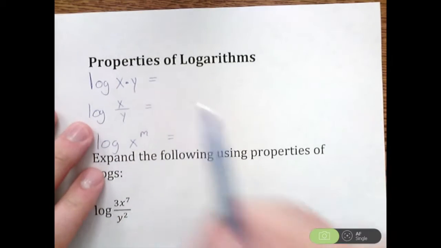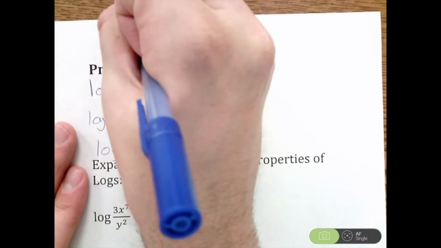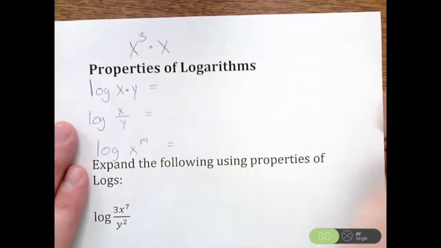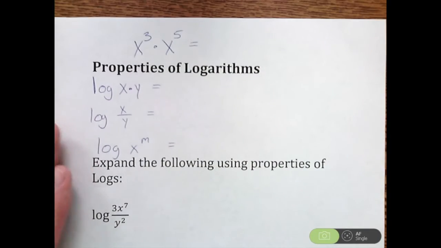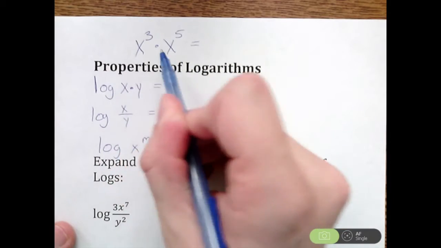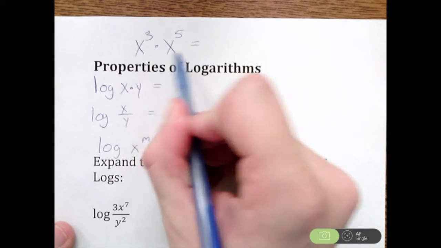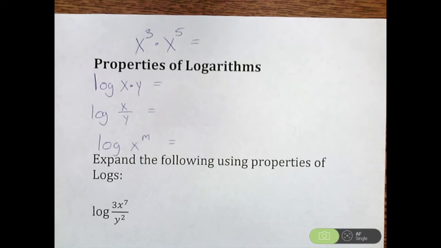So before I jump into properties of logs, it's nice to think about the properties of exponents. Think back to when we had x to the third times x to the fifth, and we tried to simplify that. The reason I'm making the connection here is that logs are exponents, so let's talk about properties of exponents. You'll find the properties of exponents and properties of logs very, very similar.